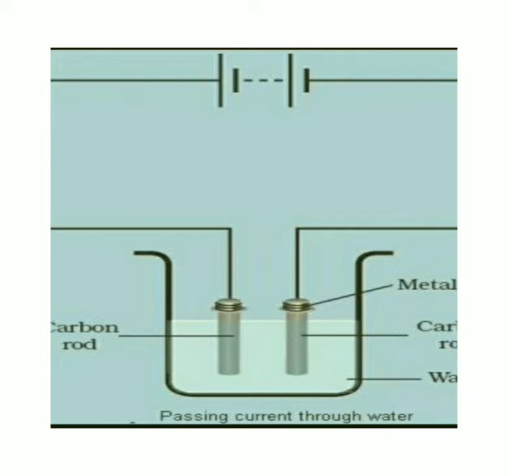These carbon rods are electrodes. One of the electrodes is connected to the positive terminal of the battery, whereas the other is connected to the negative terminal of the battery. Let us leave the apparatus undisturbed for about 3 to 4 minutes and let the electricity pass through the liquid.